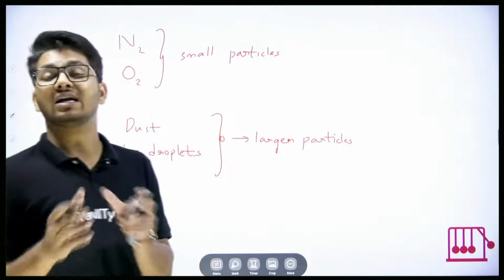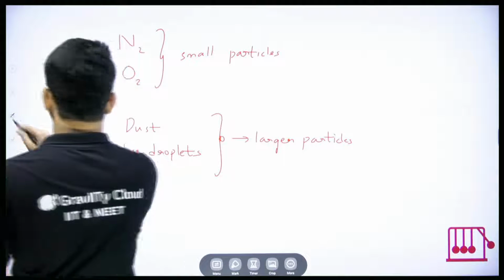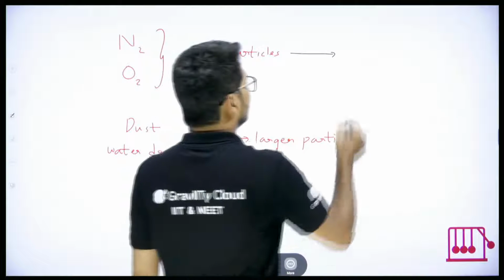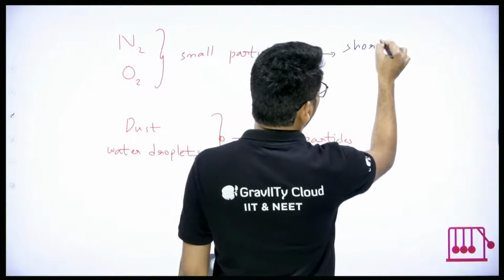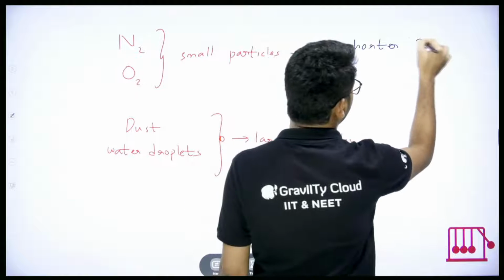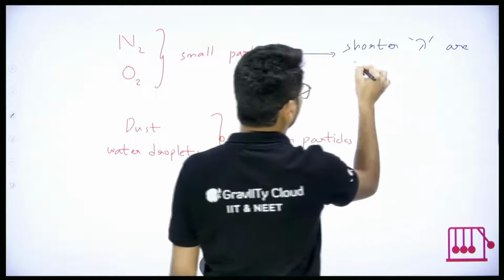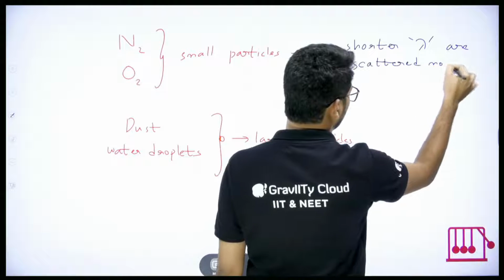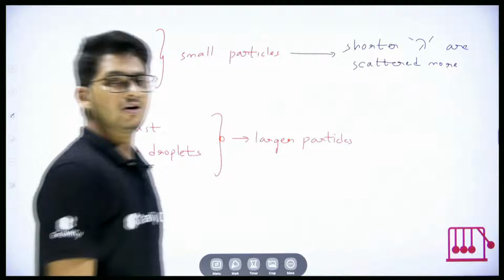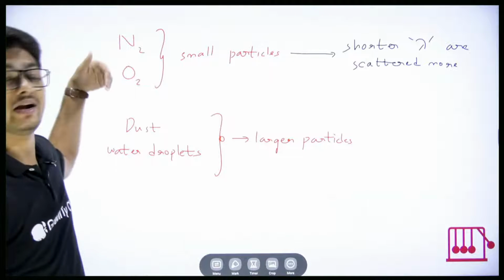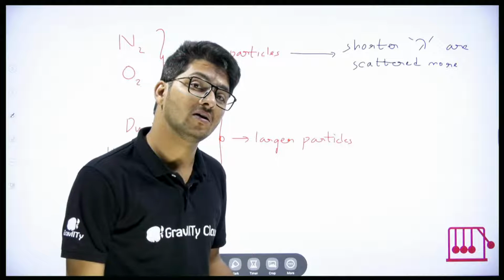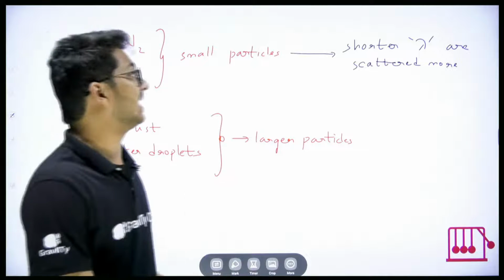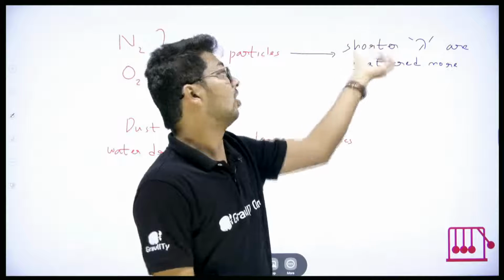Why? Because when it comes to smaller particles, shorter wavelengths are scattered more. Okay. So if light is incident on a nitrogen molecule, then which light will be scattered more? The shorter wavelength.